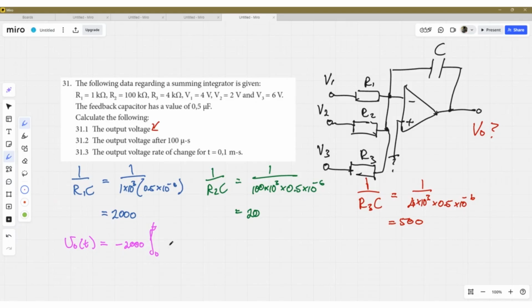Then what is this going to be? V1 is 4 volts, so just fill it in like this for now. Minus 20 times the integral from 0 to t of V2 dt, minus 500 times the integral from 0 to t of V3 dt.